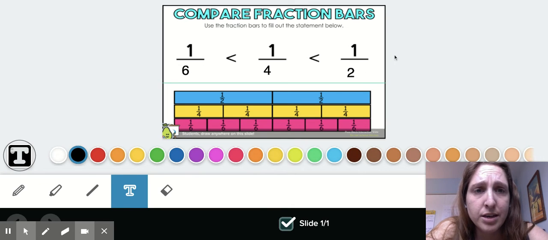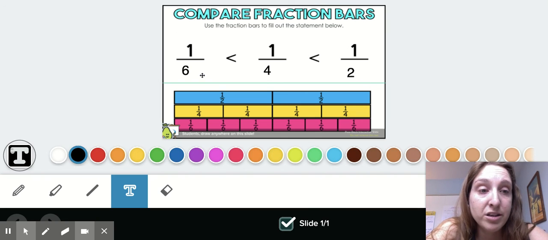It's smaller than 6, but the fraction is bigger because you split it into fewer pieces. So I know when I'm comparing unit fractions, when the denominator gets smaller, the fraction gets bigger. And when the denominator gets bigger, the fraction gets smaller. It's like the opposite. That's pretty cool, huh?